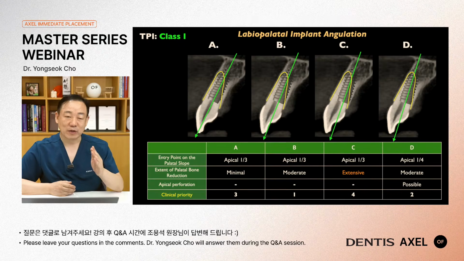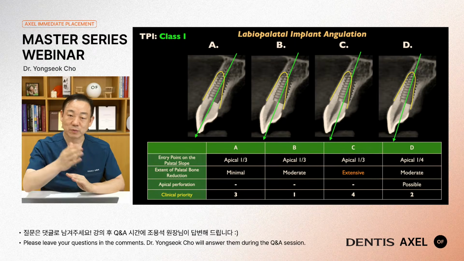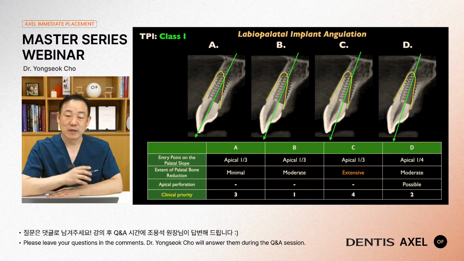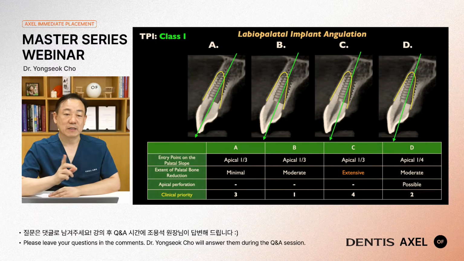However, with slightly more effort in reducing the palatal bone, a moderate reduction, the axis will be toward the cingulum. It is not so difficult. So I recommend you follow that axis. Technically it is not so difficult, and finally it will be a screw-retained restoration.